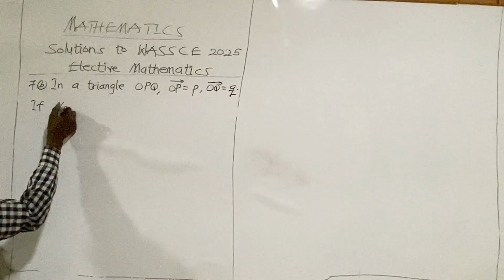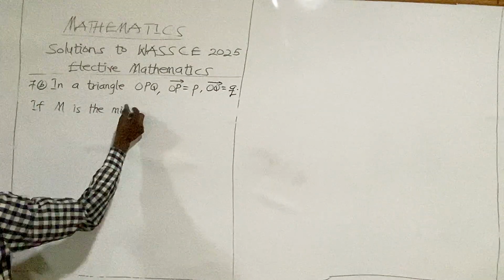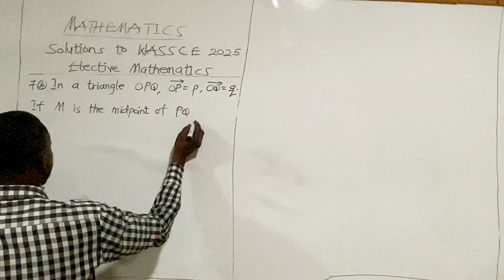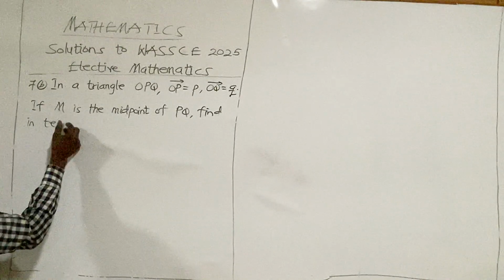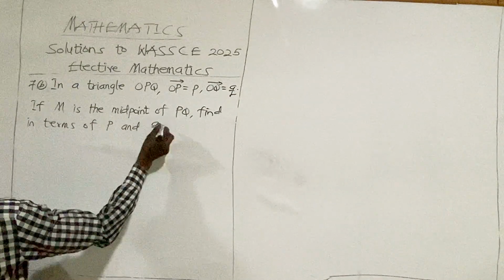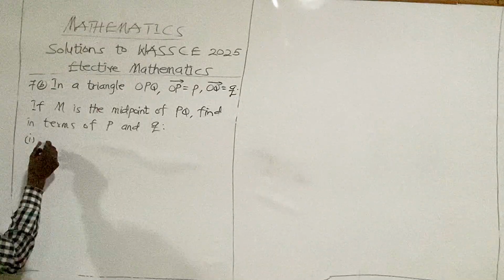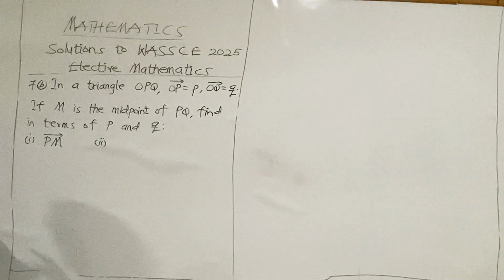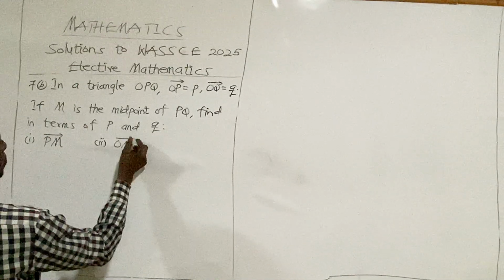If M is the midpoint of PQ, find in terms of p and q: i, vector PM; ii, vector OM.